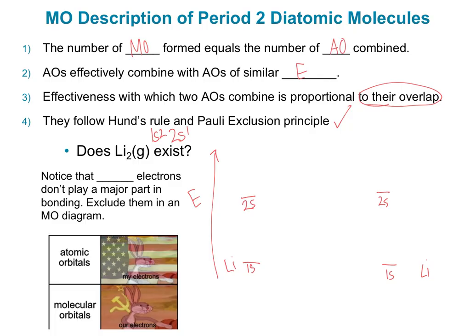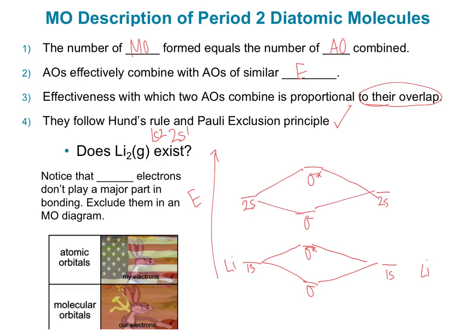For this first 1s set here, we're going to have a bonding sigma and a sigma star, and they're a similar energy, so these are the combinations we're going to get. And for this 2s, we're also going to have an anti-bonding and a bonding level.